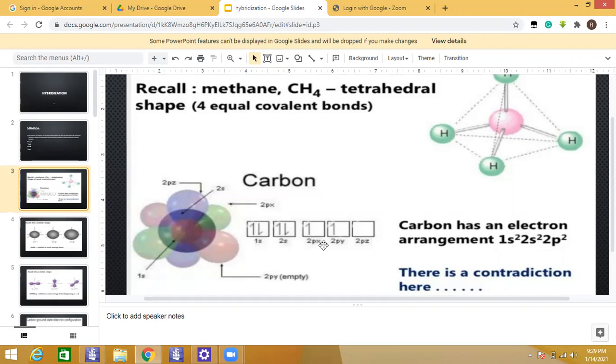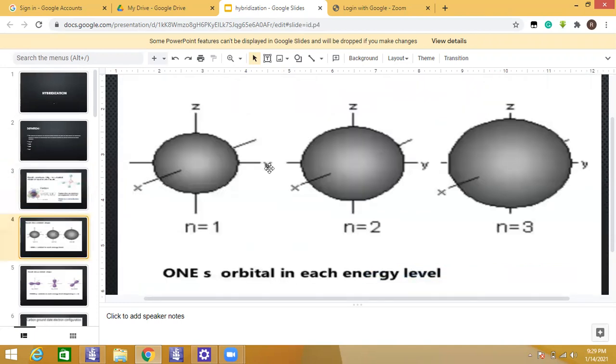How does it undergo hybridization? Just recall the s orbitals in different energy levels. At n1 it is spherical, and at n2 again the s orbital is spherical but larger, and at n3, as the energy level increases, the shape of the s orbital is like this.